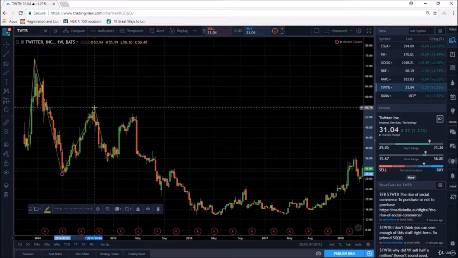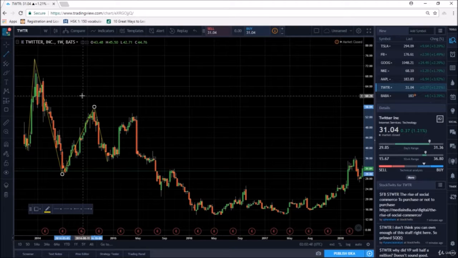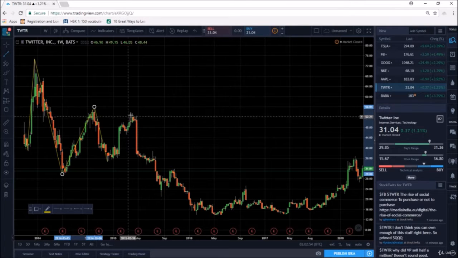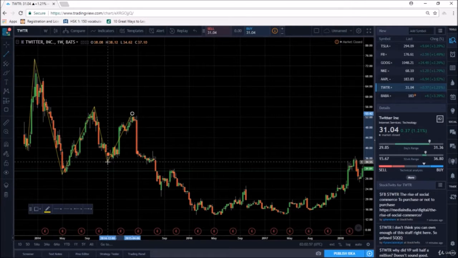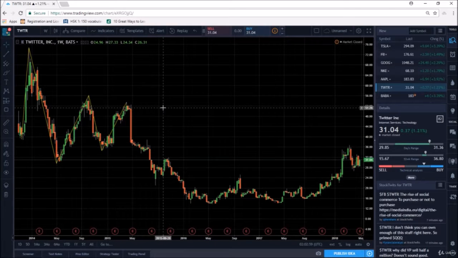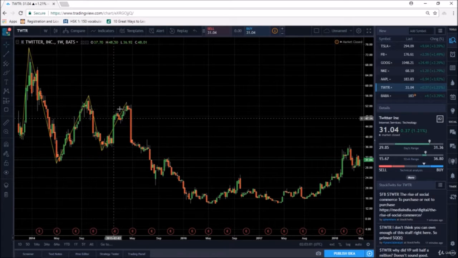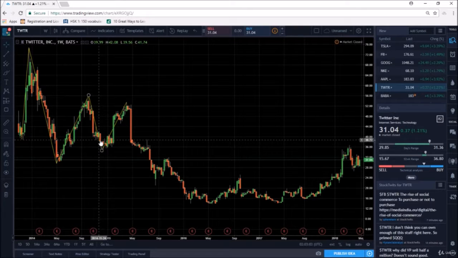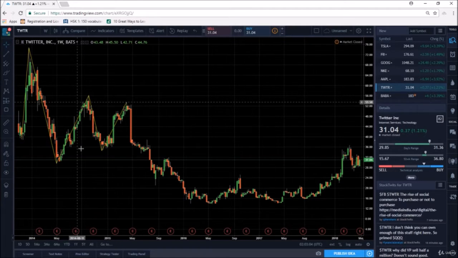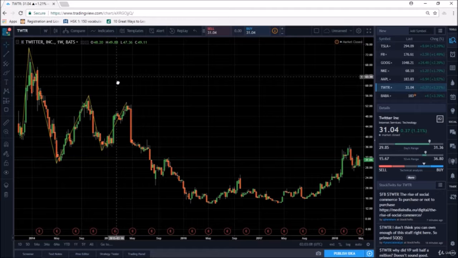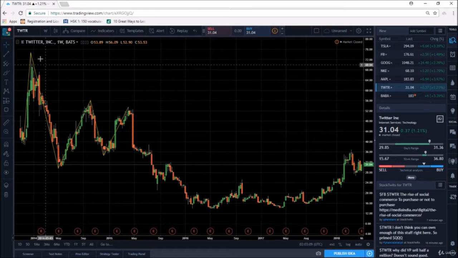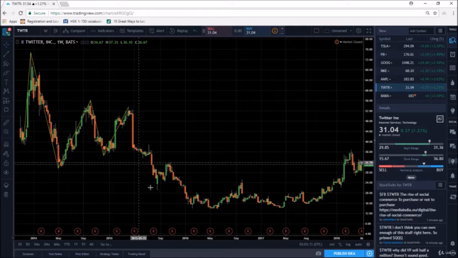When you are drawing peak to peak, make sure you are drawing very accurately. If you are not drawing it accurately, then your result might not be accurate. It's as easy as that. You can see the market going sideways in this area, but actually in a major time frame, it is in a downward movement.